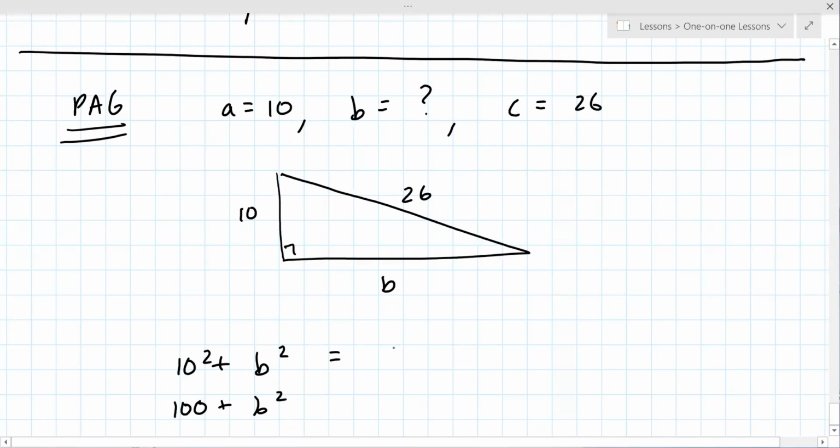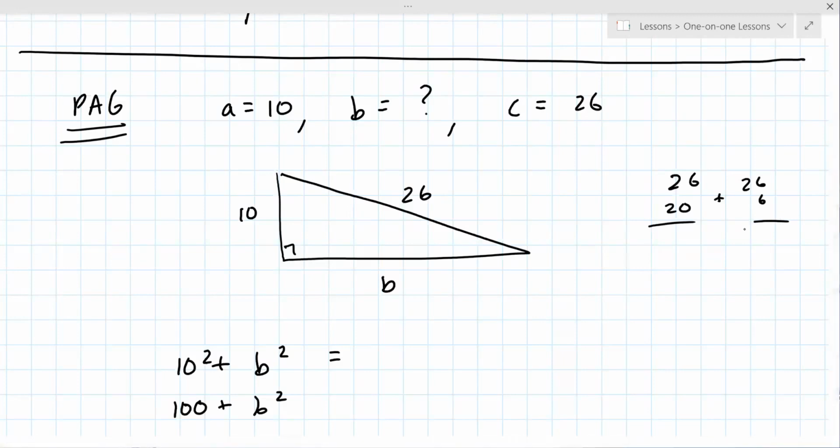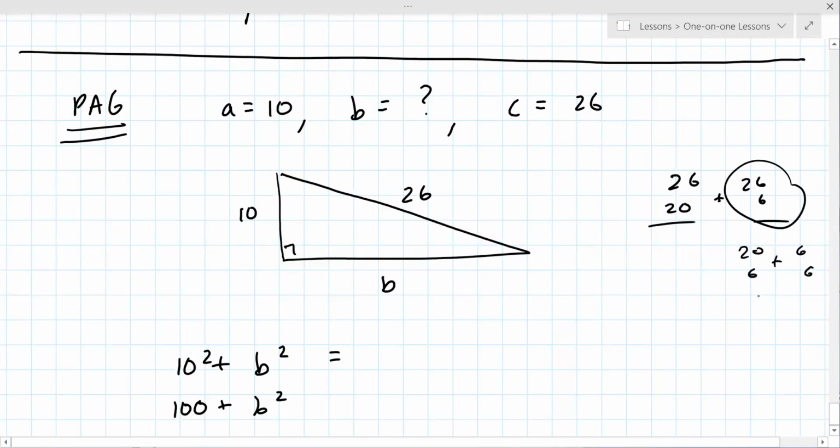26 squared. You either know it or you say it's 26 times 20 plus 26 times 6. 460 plus, I don't know what 26 times 6 is, though. Well, this is like doing 20 times 6 plus 6 times 6. Oh, okay, 156.